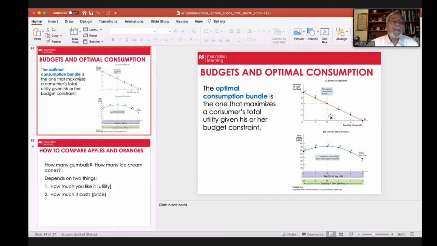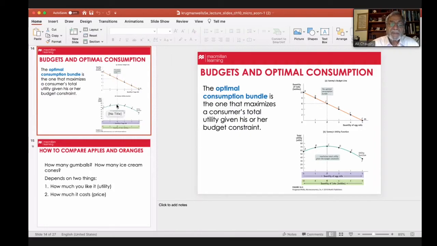So this is what the consumption bundle says: if I were to look at the utility curve of all the things that I consume, egg rolls and Cokes, right? You see both of those on the line here. Whatever combination of those I use, I look at the total utility curve. And I find that initially it begins to rise slowly, and then it comes to a point, because of diminishing marginal utility, because at each additional step, the additional utility is smaller and smaller.